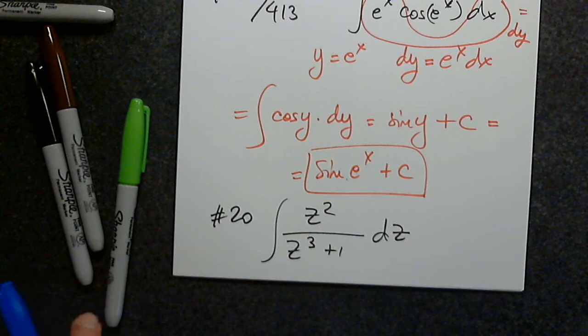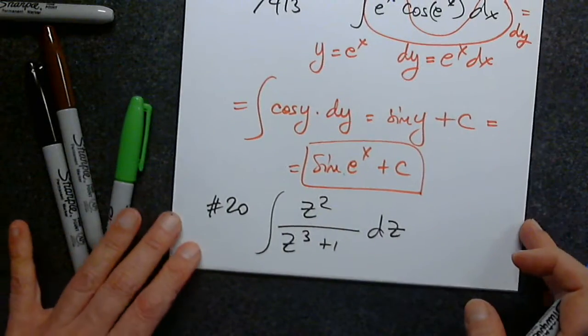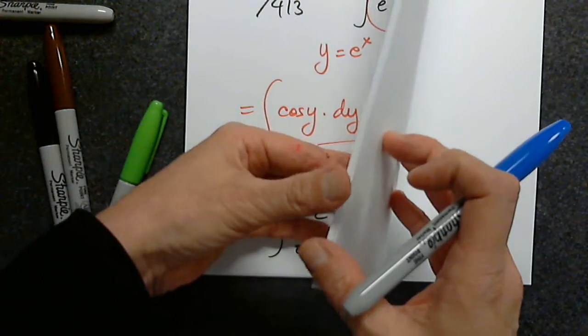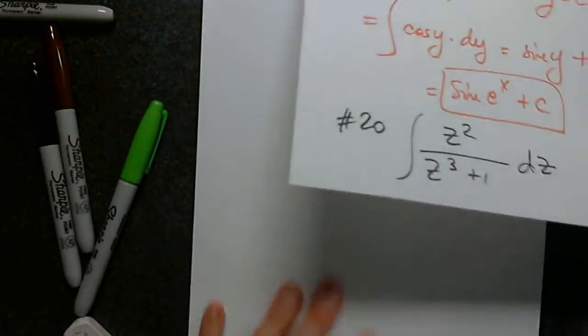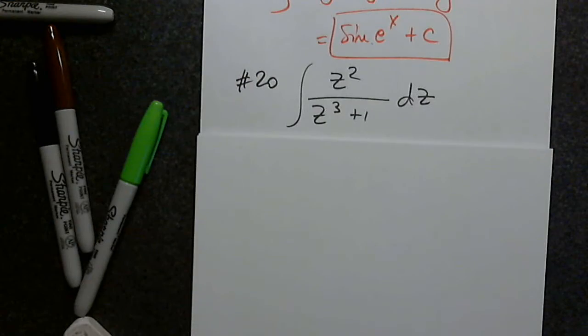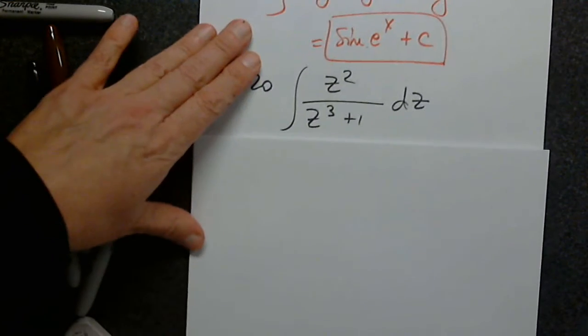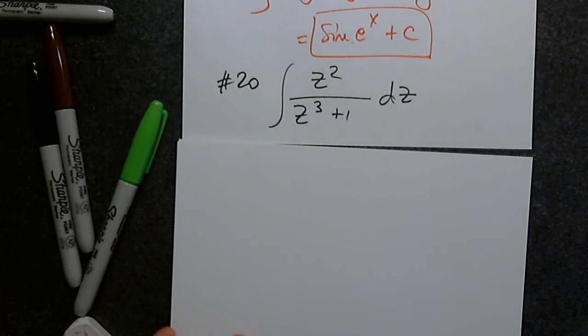Say it again. I didn't hear. Well, I would like us to discuss because that's how we learn. Like z squared over z? Oh, no, never mind. Not like.